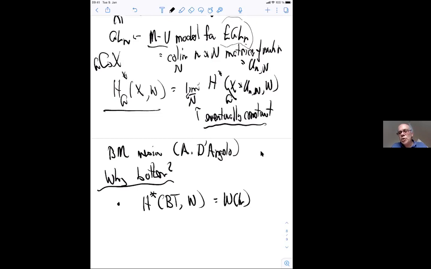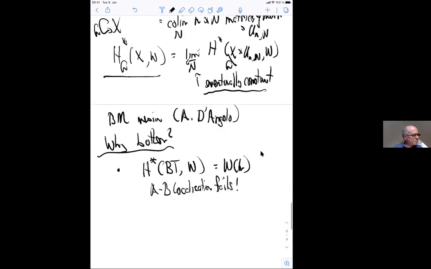So the first Chern class of O(1) is 0. You don't have anything in here, so you don't have anything to invert. What this says is that the Atiyah-Bott localization fails. You can't do it for torus actions in any reasonable way. So you need some other groups.